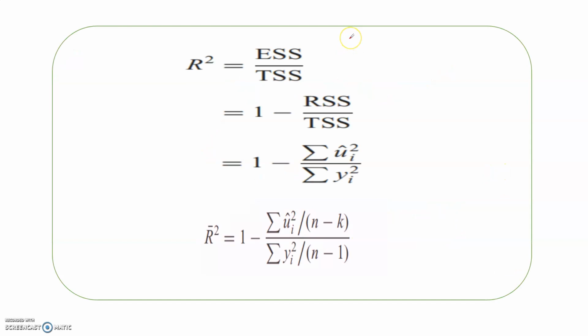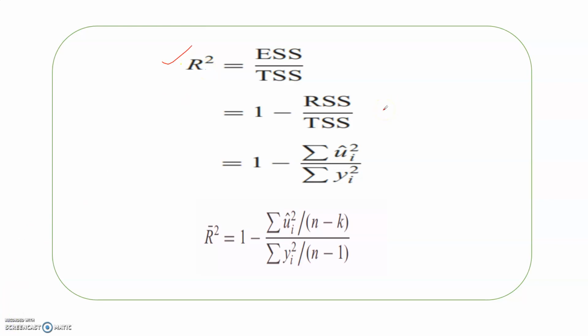Now let's compare r square and adjusted r square. The problem with r square is that when we add an independent variable which is inappropriate or irrelevant to the model, even then the value of r square increases.